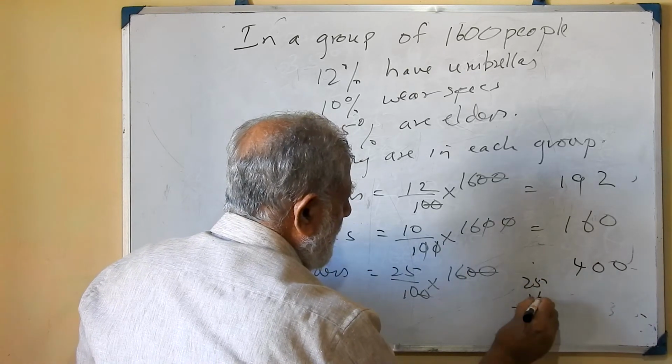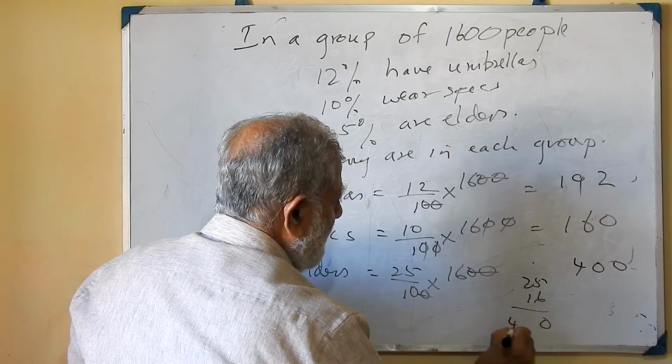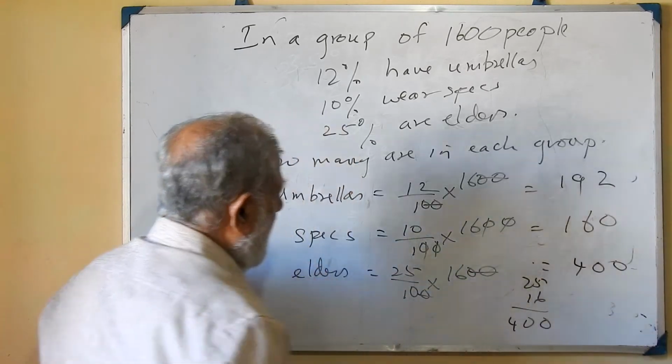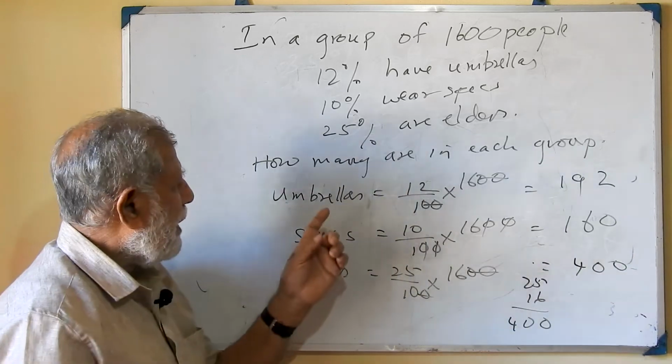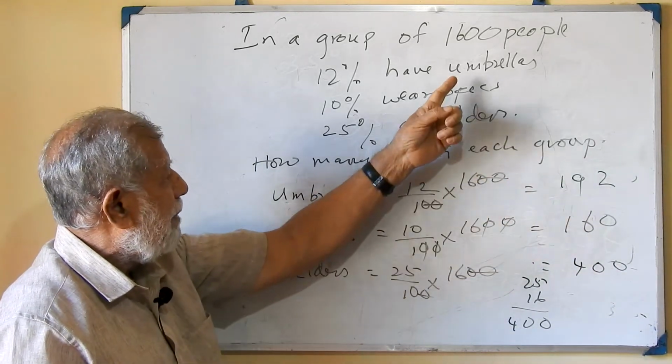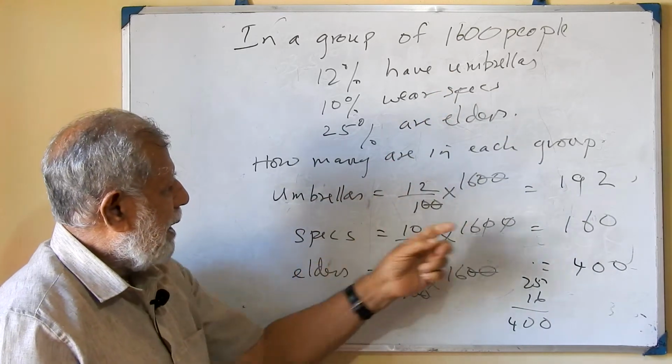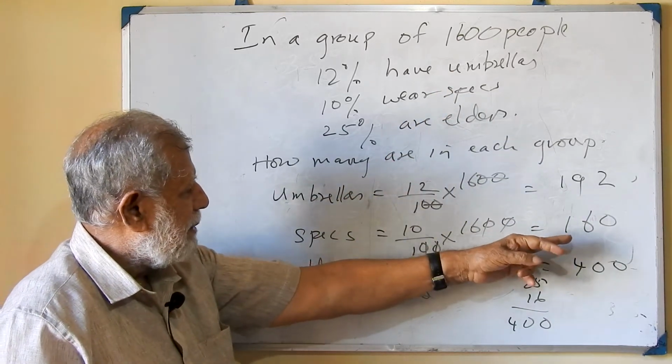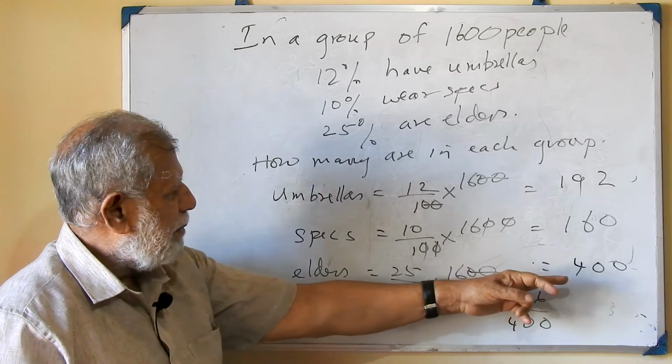So the people having umbrellas is 192 out of 1600 people. And specs come to 160. And elders come to 400.